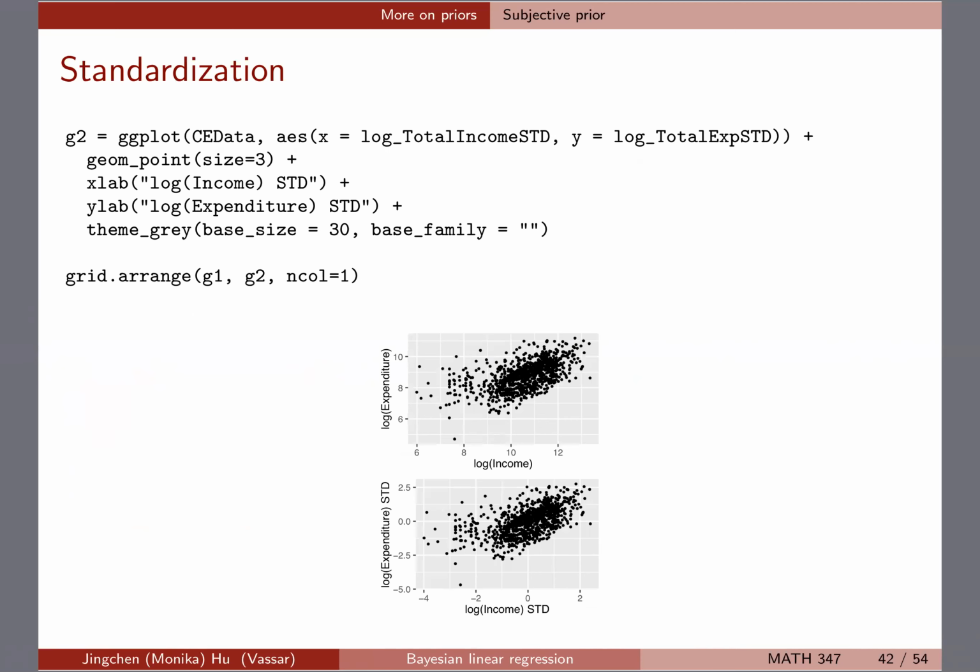I'm standardizing the variables one by one, and the relationship, as you can see here, wouldn't change. The scale definitely changes, the range of the x-axis and the y-axis, but the general relationship doesn't change. But doing standardization helps us a lot in interpreting what beta 0 and beta 1 are.